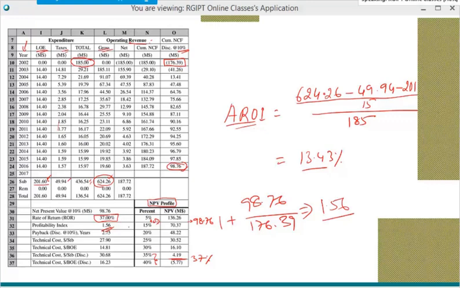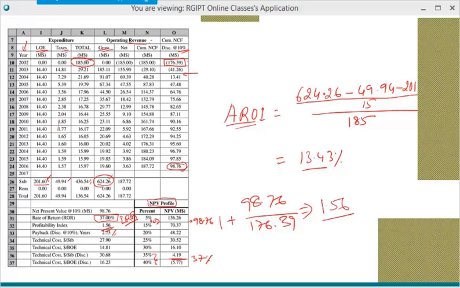So this one, as you can see, this 37% here is your internal rate of return, IRR or ROR. And then you have the profitability index 1.56, and payback, which says 2.75, so it will be right here.